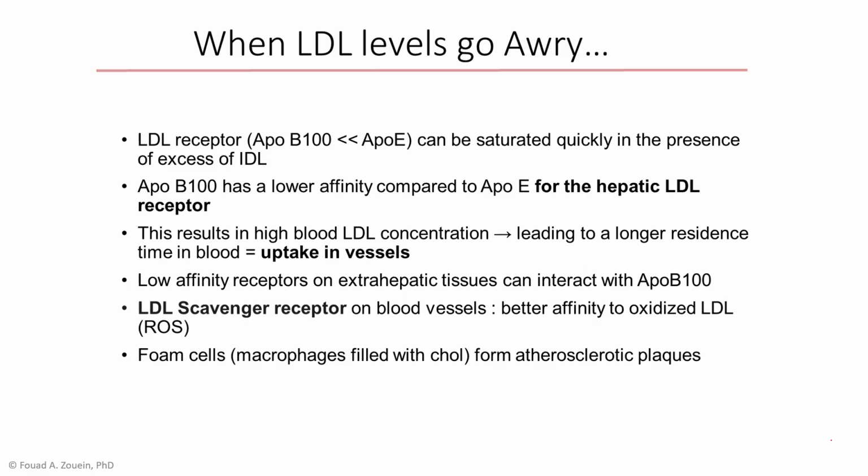These scavenger receptors exist on blood vessels, most prominently on macrophages in blood vessels. And once they take this oxidized LDL, they keep taking it and trying to digest it, and they transform into what's known as macrophage foam cells. And this is the basis of atherosclerotic plaque formation.